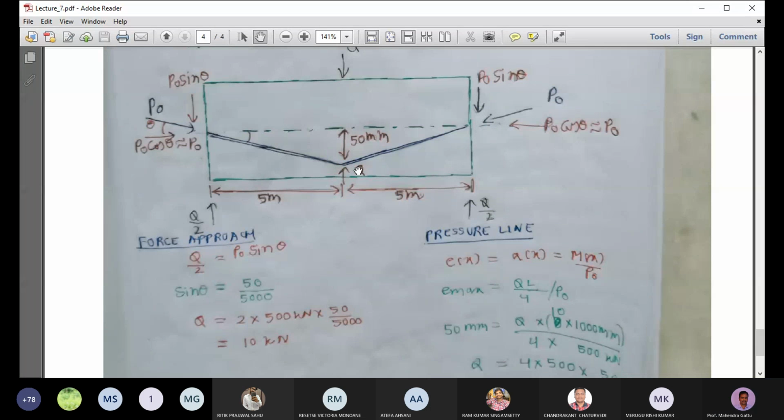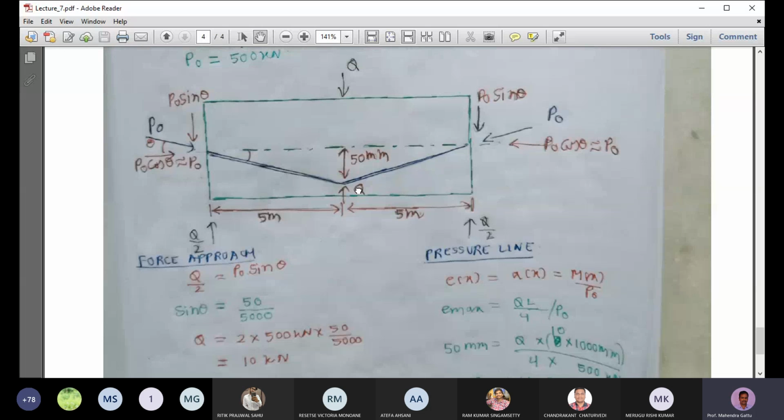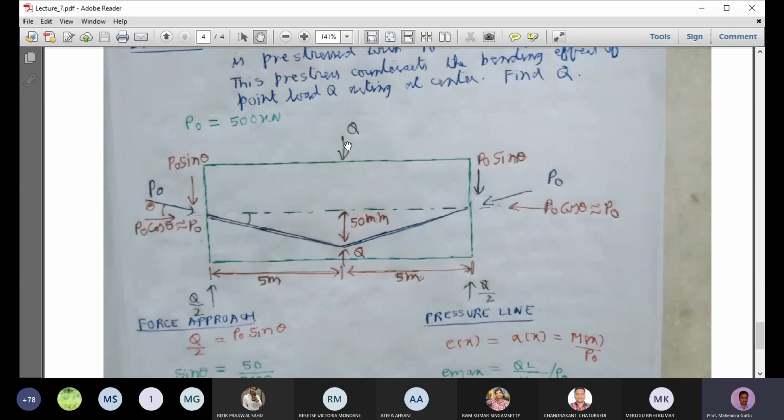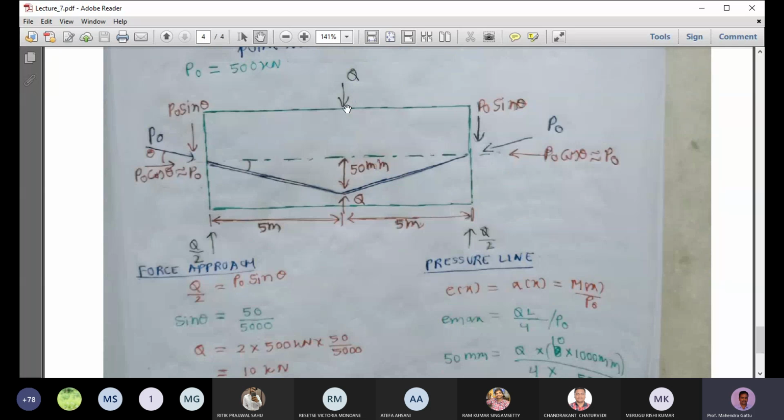And what you should do is find the Q which this system can take. So we have the Q here, and at the sharp corner we have to balance it. There will be a Q value here, and we have P naught. The component is P naught sin theta. So this P naught sin theta should balance this Q by 2.